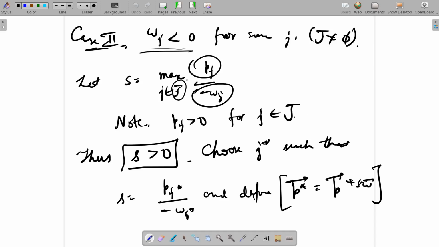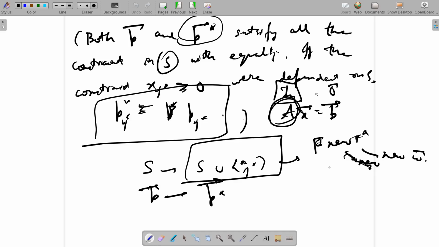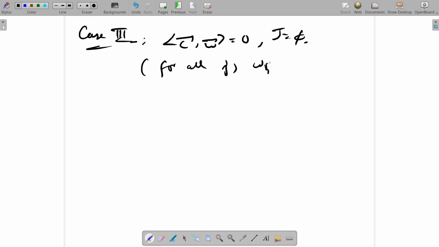So now the third case will be two things: J is empty and c dot w is equal to 0, because J non-empty we have taken care of in case 2. So here c dot w equals 0 and J is empty. So that is, for all j, w_j is bigger than or equal to 0.